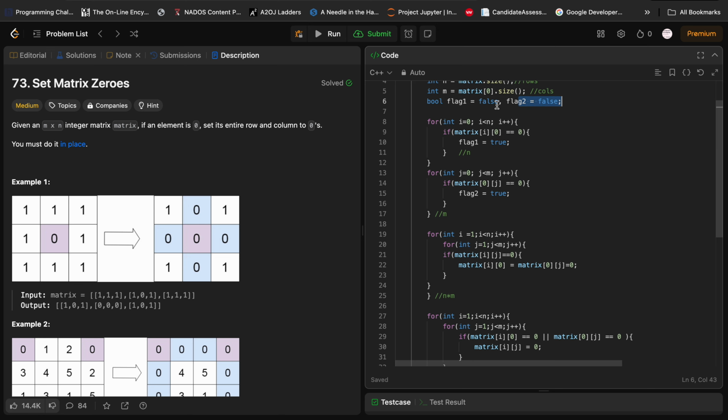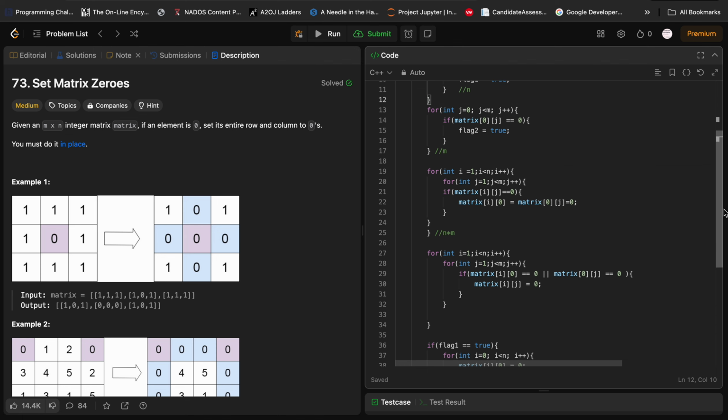So we are going to iterate. For int i equals 0, we iterate and check if we find 0. If we find 0, then we set flag 1, and similarly we iterate over all columns and check if we find 0, then we mark flag 2 as true.